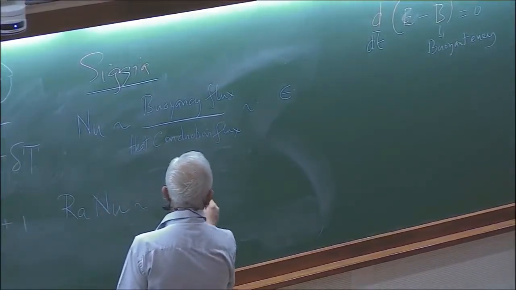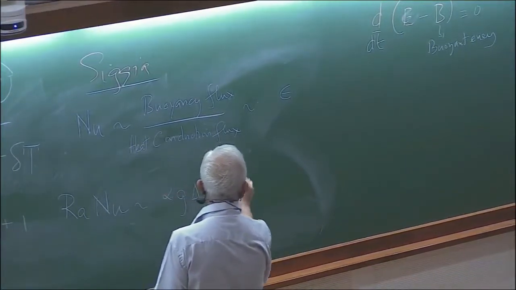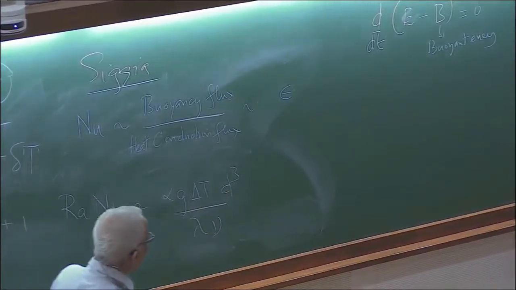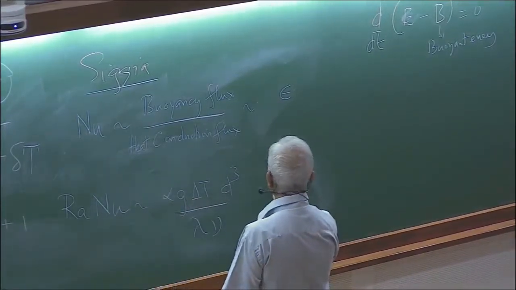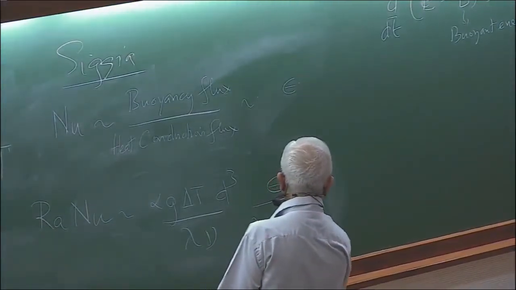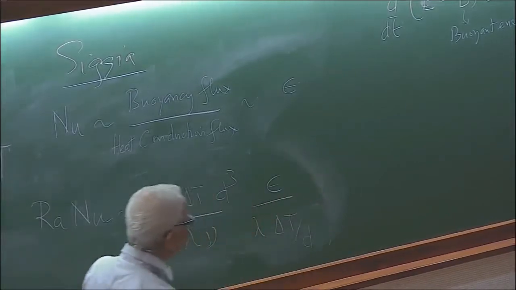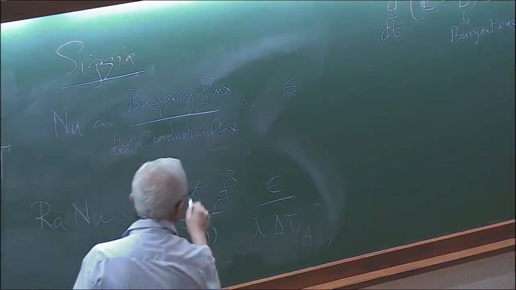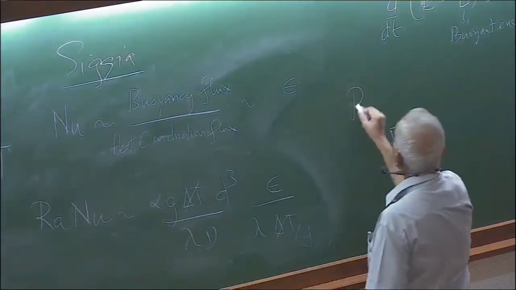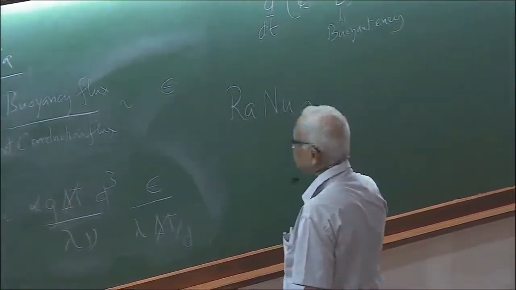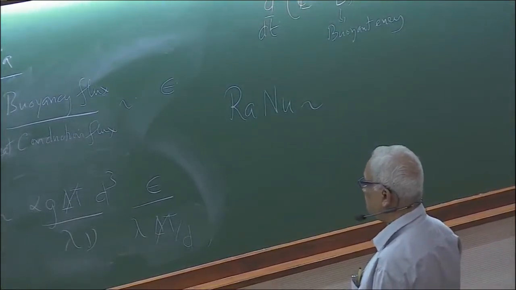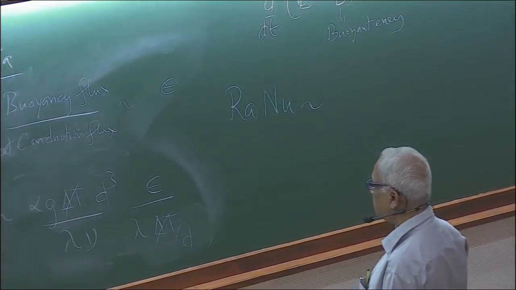So this was your alpha g delta t d cubed over lambda nu, and there is this epsilon over here, and there is this lambda t divided by d, and so the delta t cancels out, and you have Ra times Nusselt number go as... the alphas and the g's are not so interesting.